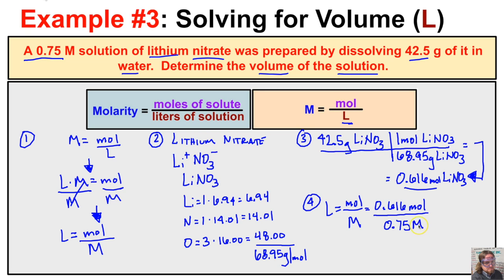Remember, this capital M stands for moles per liter. And so when we take 0.616 and divide this by 0.75, we're going to end up with 0.82 liters of solution. We have 2 sig figs here, we have 3 here, so our answer must be 2 sig figs. So we have 0.82 liters of solution.